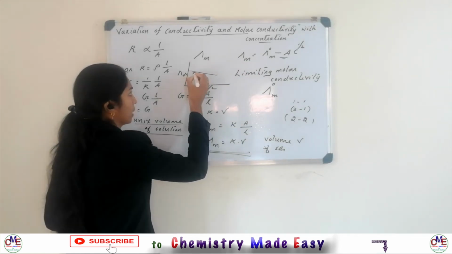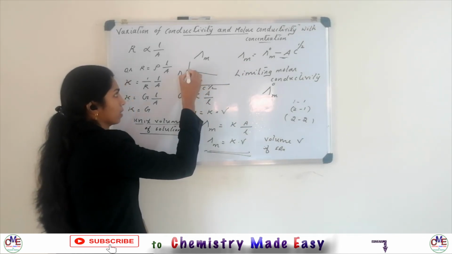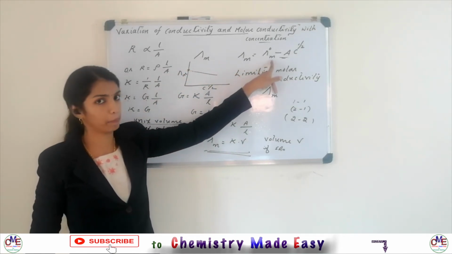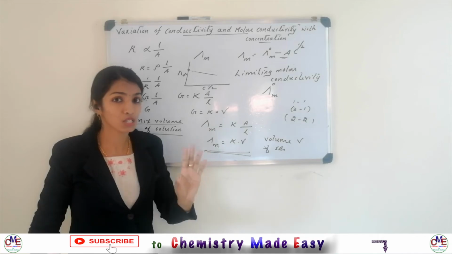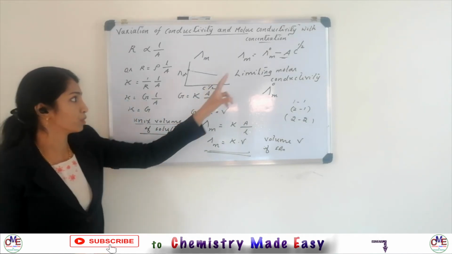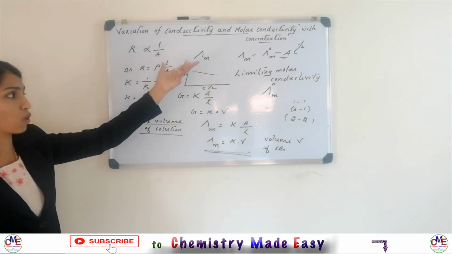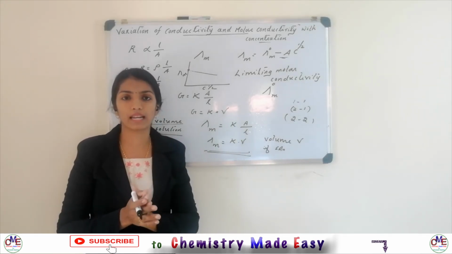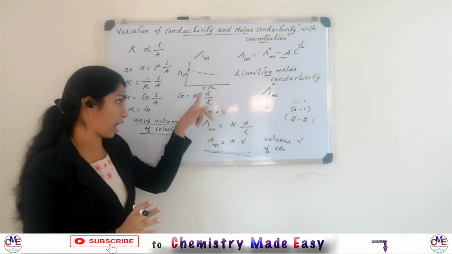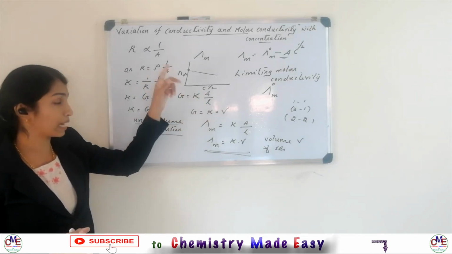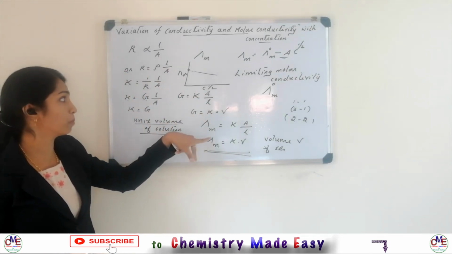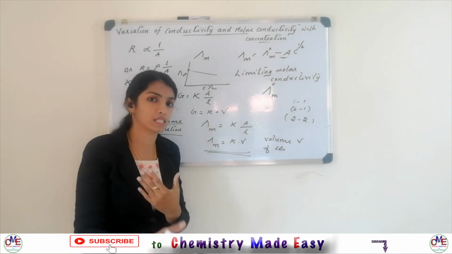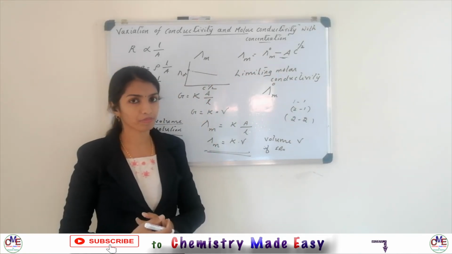If we extrapolate this straight line, the point of intersection gives lambda 0 m, the limiting molar conductivity. So it is very important to note that we get the limiting molar conductivity value of a strong electrolyte from a graph. Experimentally, in the case of strong electrolytes, we can calculate the value of lambda 0 m by extrapolating the graph.